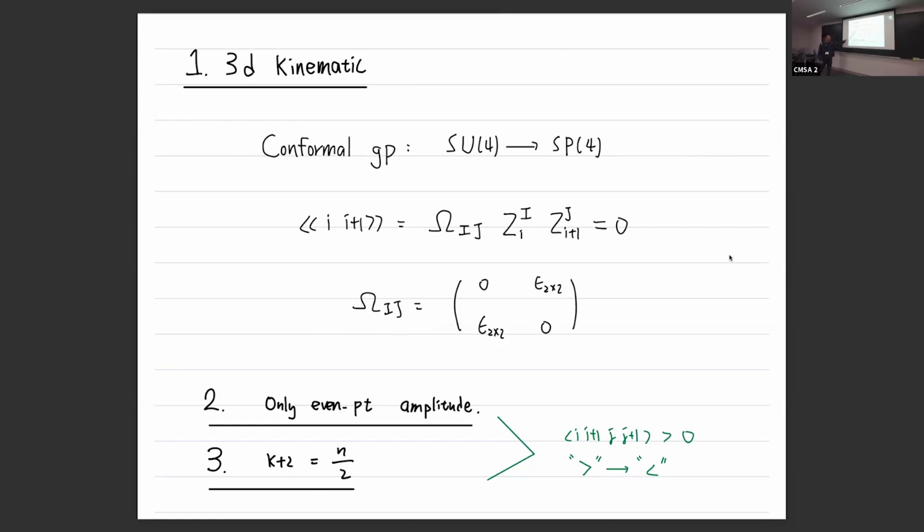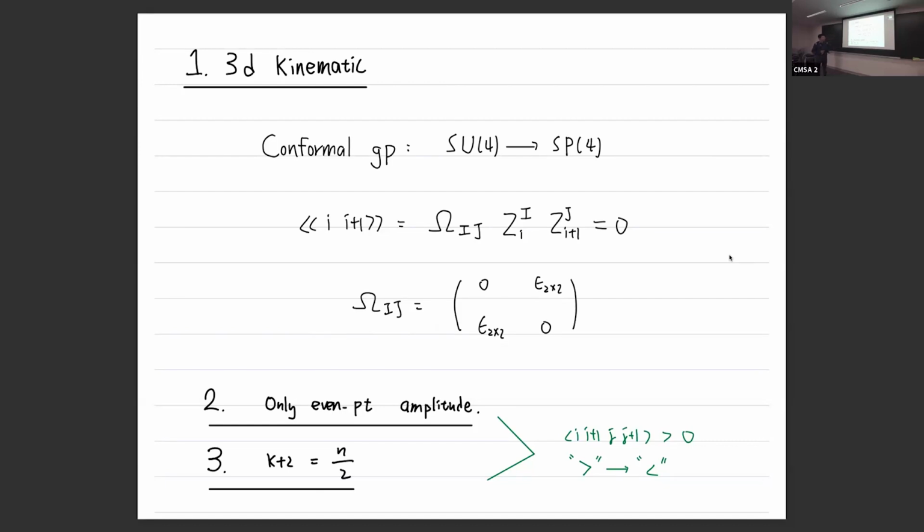It means that our bosonized twistor Z_i plus Y is imposed on this symplectic measure, so this kinematics describes 3D. The other two seem naively not so easy to achieve: we need to kill odd-point amplitudes and all but the middle k helicity.